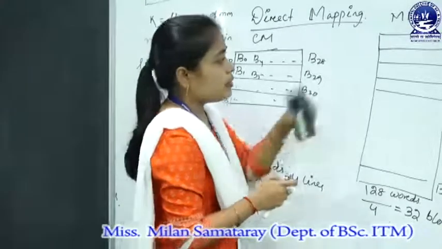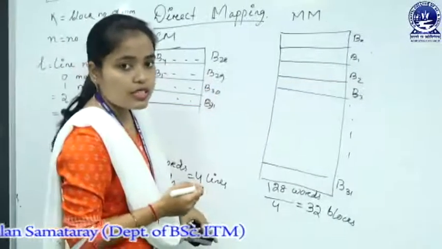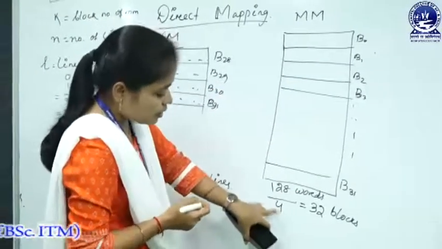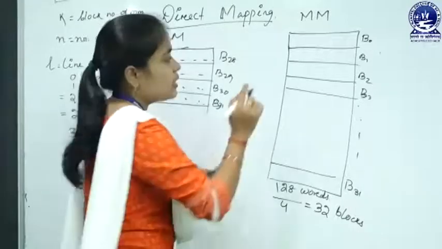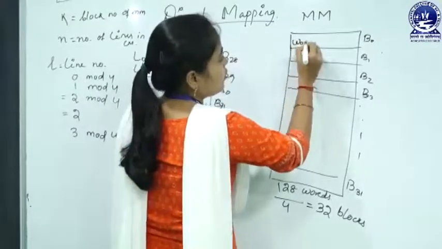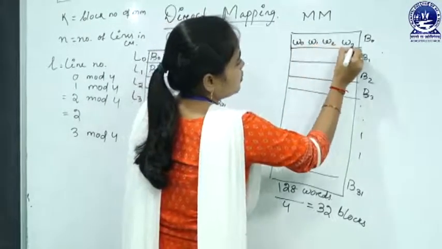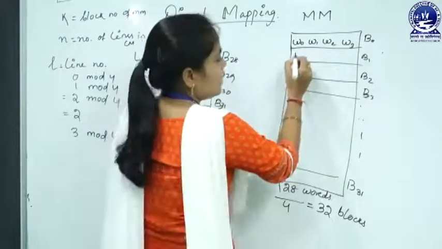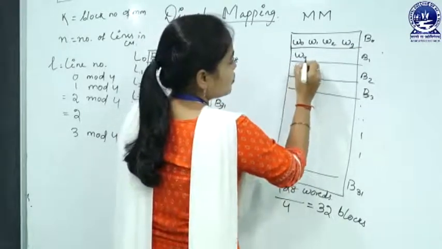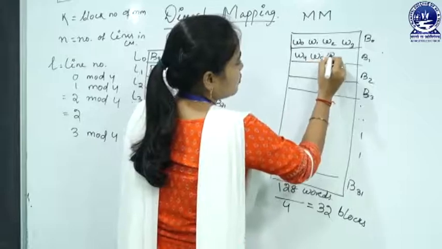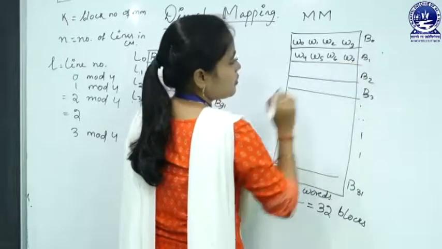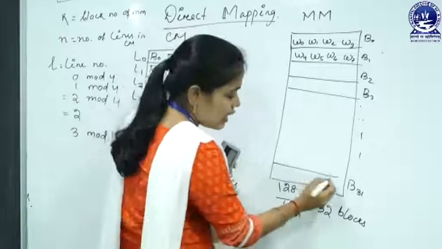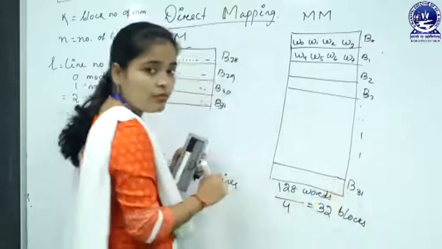So, what does this block hold actually? This block holds 4 words each. That means B0 holds W0, W1, W2, W3, and B1 holds W4, 5, 6, 7 like this. And at last, what will B31 hold?